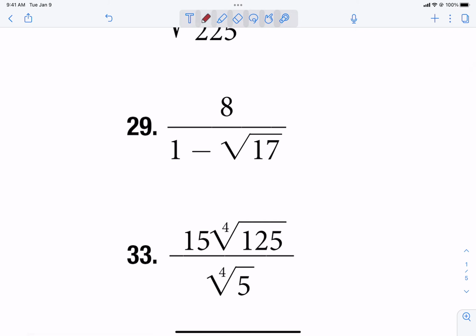Let's talk about 29. Back in Algebra 2, you probably learned about something called a conjugate. If you have two pieces like this in a denominator, you can't leave it there, so you're going to use a conjugate. We've talked a little bit about conjugates. We're going to do a little cheat: multiply both the top and the bottom by 1 plus the square root of 17.